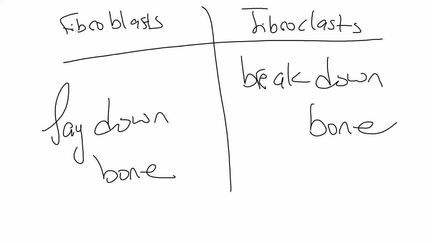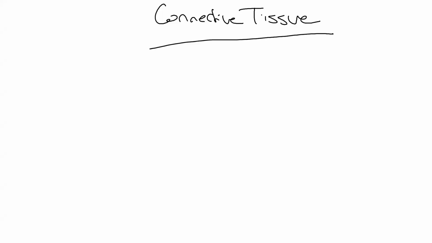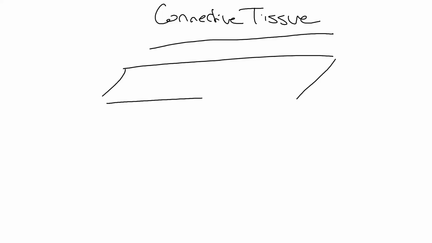We were speaking about the connective tissue. We spoke about the cartilage. Let us draw the shape of this connective tissue. How does it look like? So here we have, let's say, the epidermis.